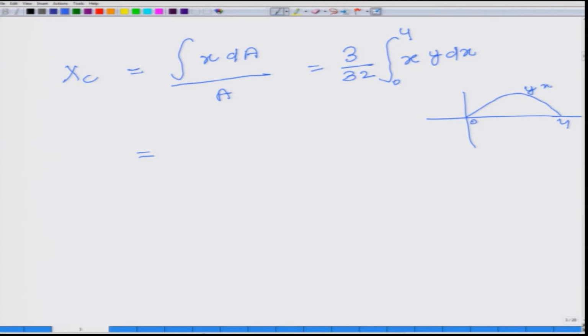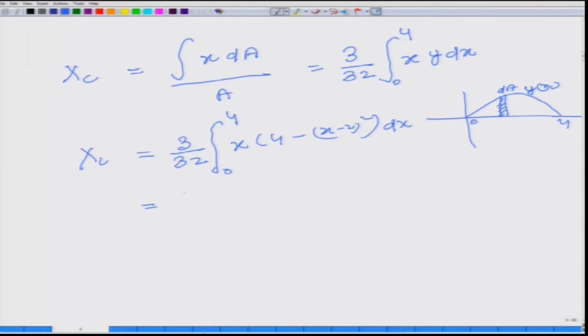This is our y, this is dA. So, xc is given as 3 by 32 times the integral from 0 to 4 of x into (4 minus (x minus 2) square) dx.